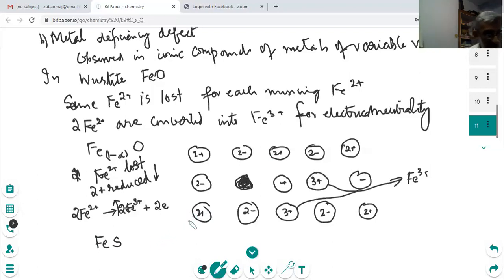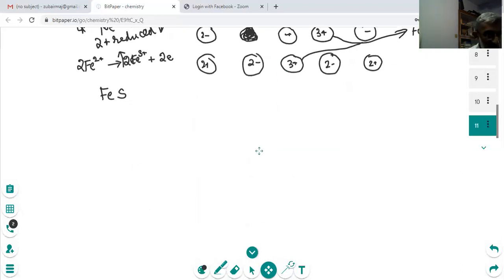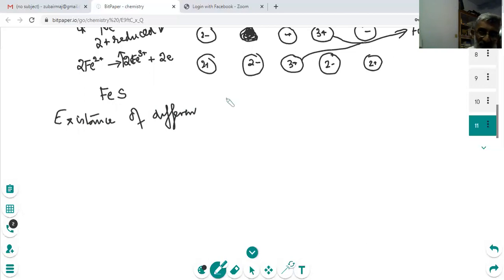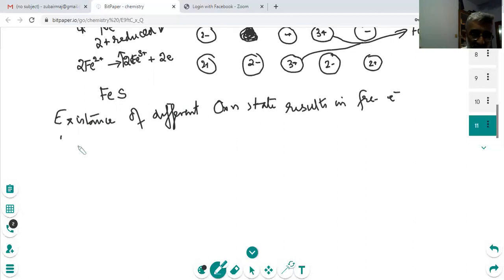So what actually happens is the existence of different oxidation states results in free electron transfer, or electron exchange.